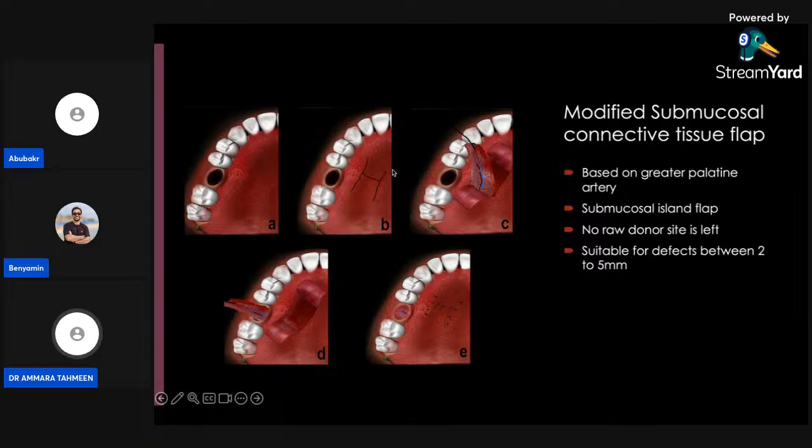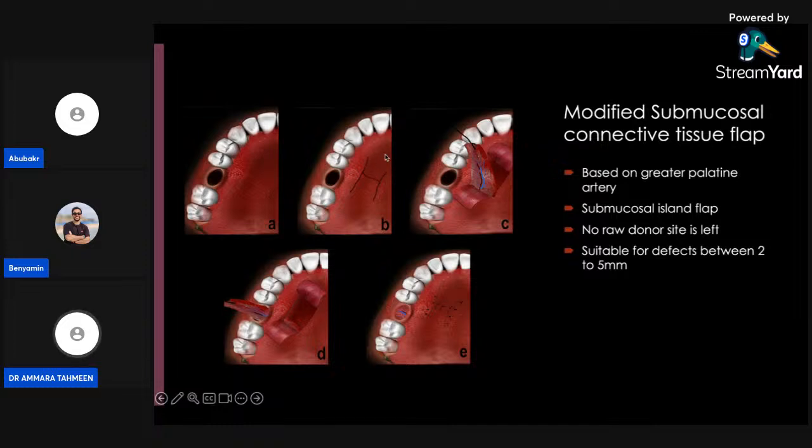Another incision is given 3 to 4 mm away from the midline of the palate, and in between the two incisions one more incision is placed. That's how the two flaps are reflected.